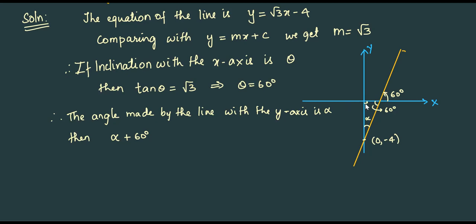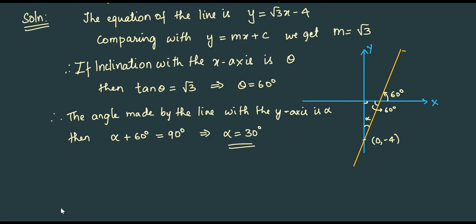This is 90, so in a right angle triangle the sum of the other two angles will be 90 degrees. So alpha plus 60 is 90 degrees, which implies alpha is 30 degrees. The angle made with the y-axis is 30 degrees.